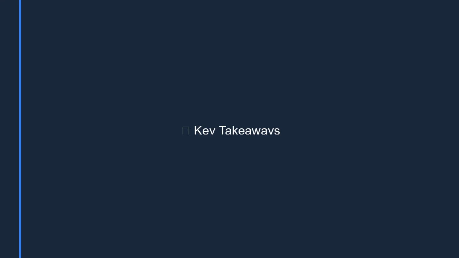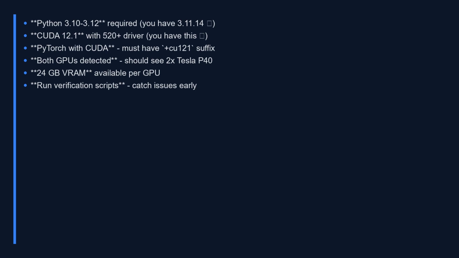Key takeaways. Here's what this lesson established. Python must be in the 3.10 to 3.12 range. 3.11 is the recommended version. Your CUDA driver needs to be version 520 or higher to support the CUDA 12.x runtime. PyTorch must have a CUDA suffix in its version string, plus CPU means you need to reinstall.